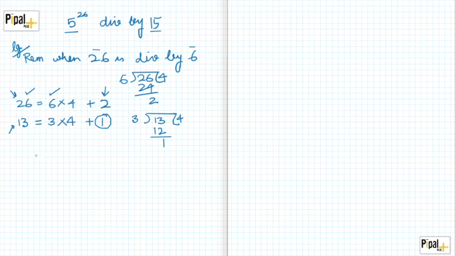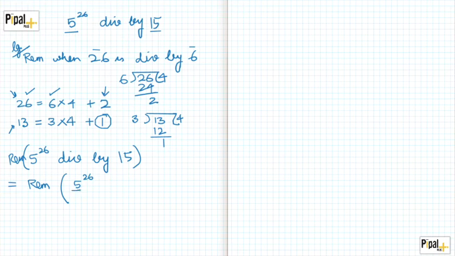So 5 to the power 26 must be divided by 15. Finding the remainder here is the same as finding the remainder when 5 to the power 26 divided by 5 is divided by 15 upon 5.